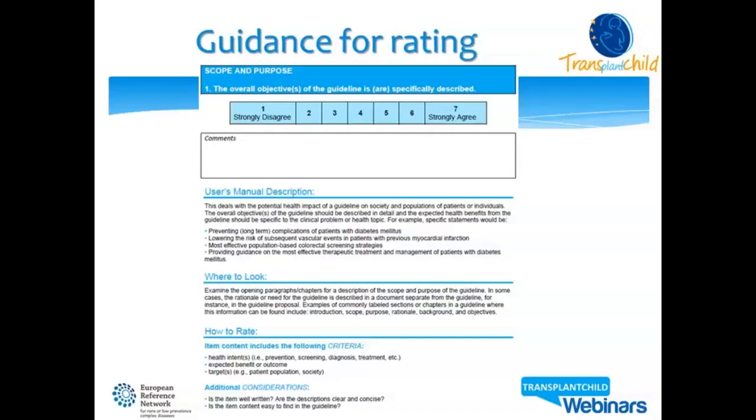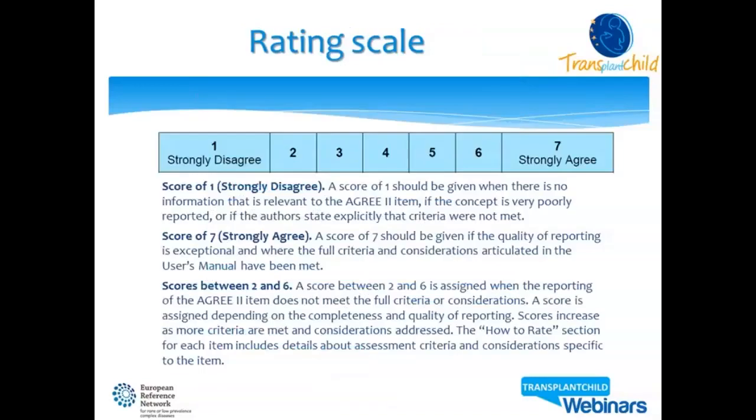We will go through this later on. Then you have an open space if you want to write down something, some comments. Then a description from the user's manual, one tip about where to look and how to rate. So this is one example. Imagine that we need to have like 23 of these examples.